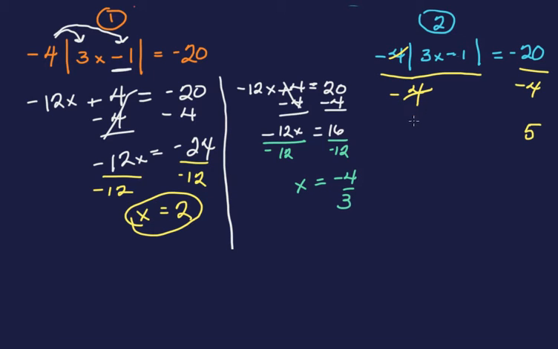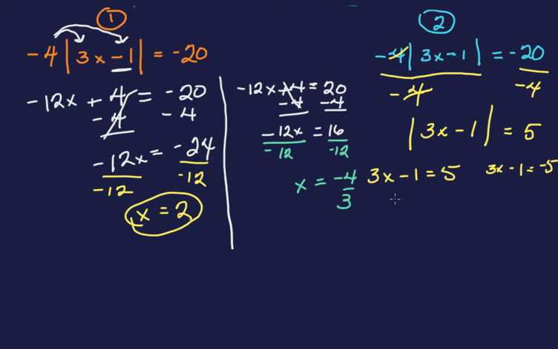Well, I'll be darned if 3x minus 1, and we take the absolute value of that, we need to find a 5, right? So, what values? 5 and negative 5. So let's go ahead and solve this for both 5 and negative 5. So 3x minus 1 equals 5, and 3x minus 1 equals negative 5.